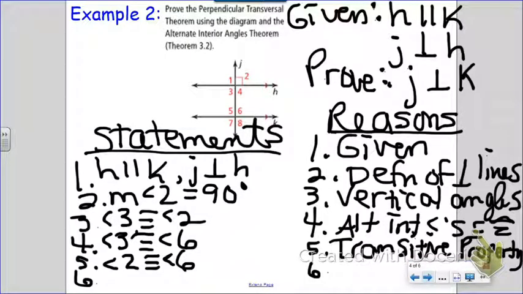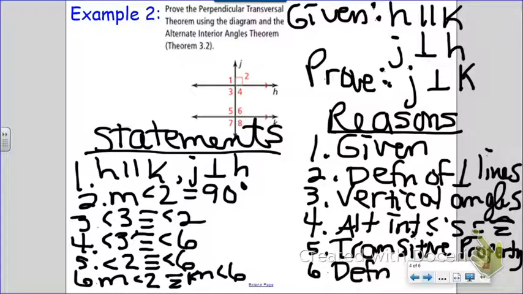We know that the measure of angle 2 then equals the measure of angle 6. And that's the definition of congruent. We're saying they're congruent is the same as saying equal.